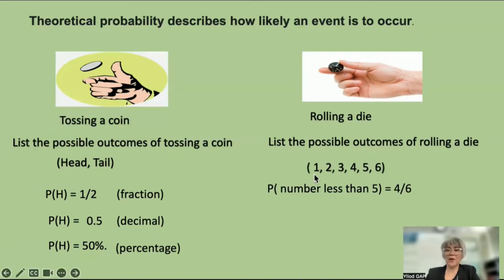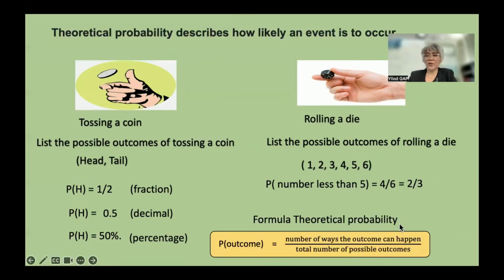So looking at the possibilities here, we have 4 of them. So 1, 2, 3, 4. So that should be 4 over 6 as the probability. And reducing that to simplest form, we have 2 over 3. All right. Formula for theoretical probability, you have number of ways the outcome can happen divided by total number of outcomes.